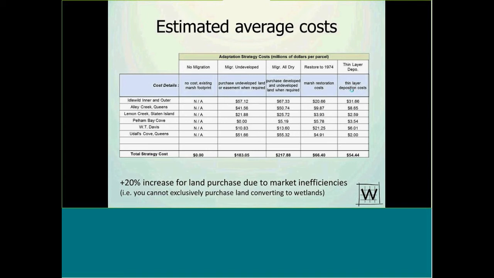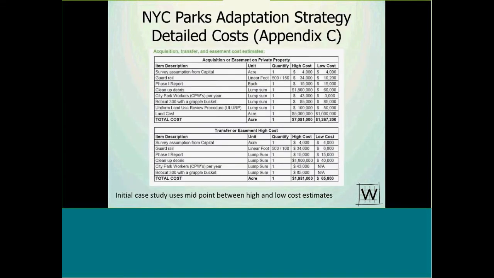But what we did was look at the public-to-private breakdown, and we used these data that were produced by New York City Parks in terms of the cost of acquisition of easements or transfer on private properties. They also had categories for marsh restoration and the conversion of developed land to allow for marsh migration.